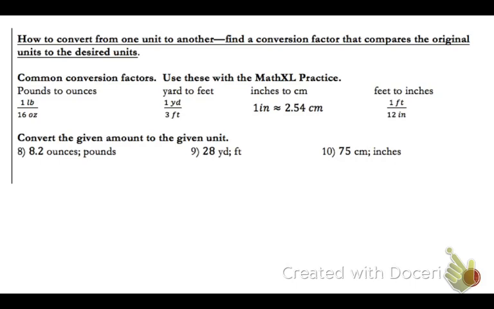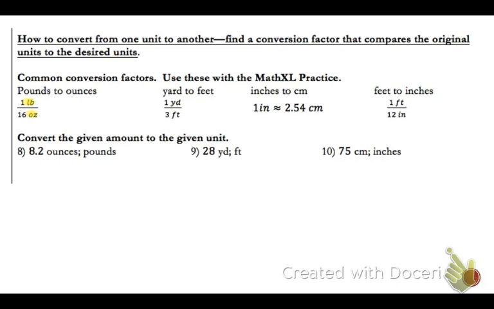One common conversion is to go from pounds to ounces. The way that you have a conversion factor is you just compare numerator and denominator, one unit to the next. So notice I have pounds compared to ounces. And then you simply put the corresponding number. So for each 1 pound, there are 16 ounces.